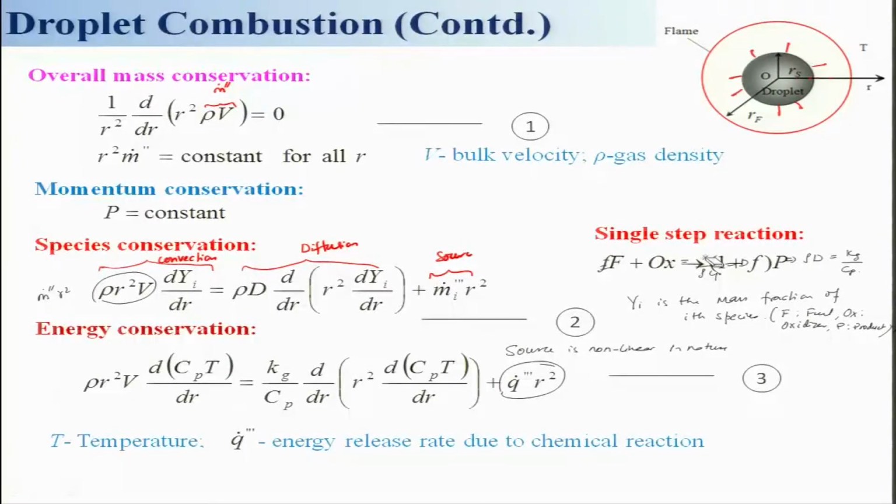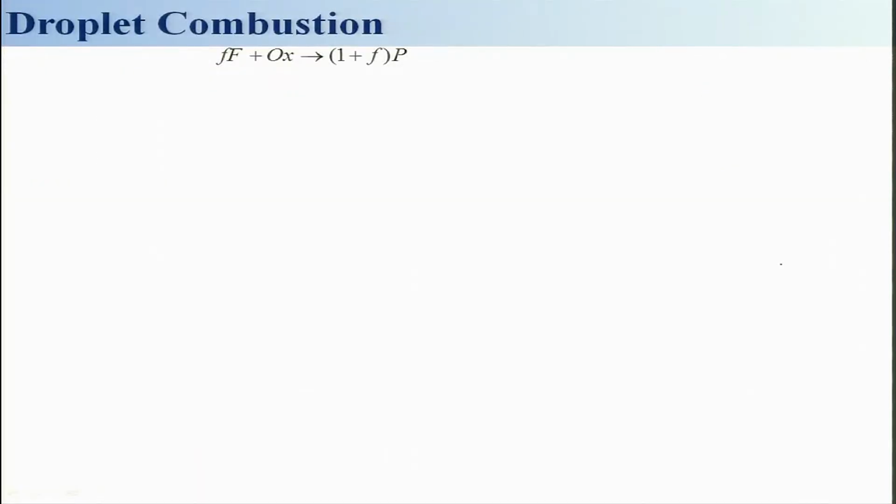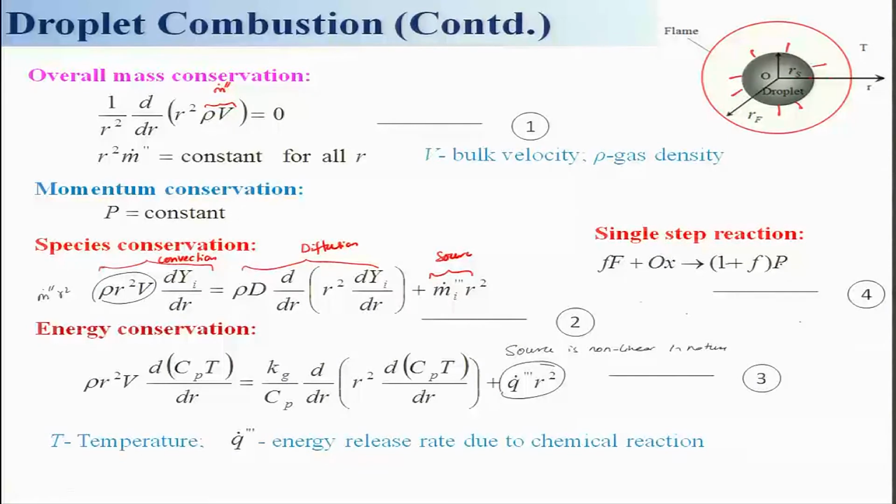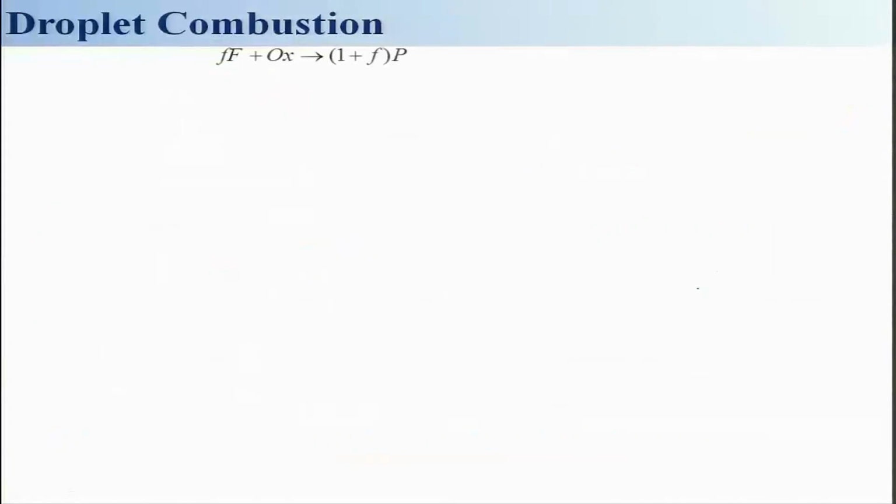So, let us look at the single step chemistry. As usual, we take F moles of fuel reacting with 1 mole of oxidizer going to 1 plus F moles of product. From this we can look at how we can connect the species and energy conservation equations, or in other words how we can solve them, and we need to relate this to the heat release rate as follows.